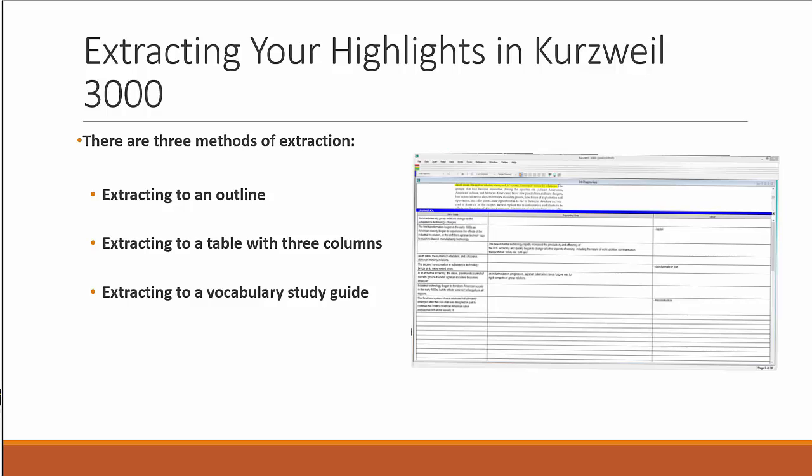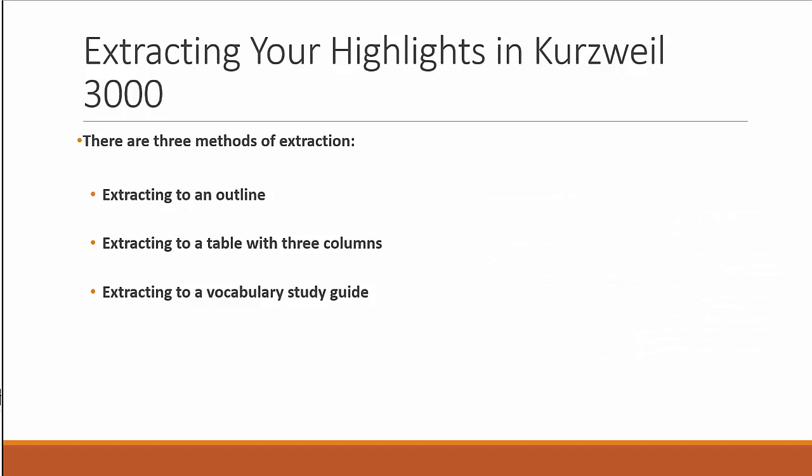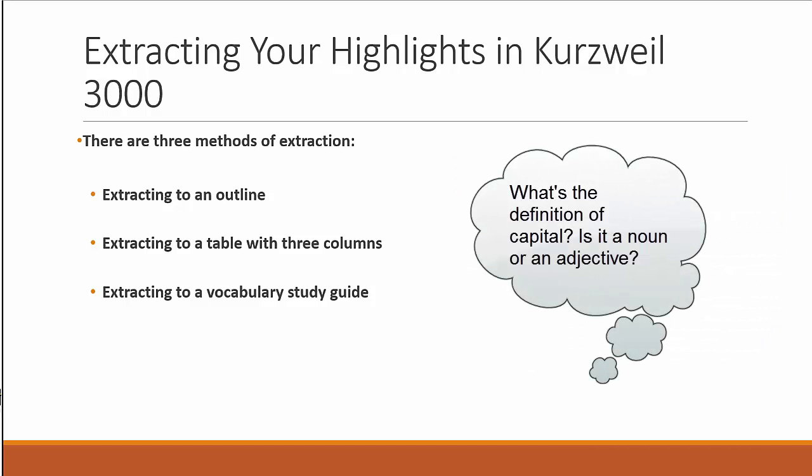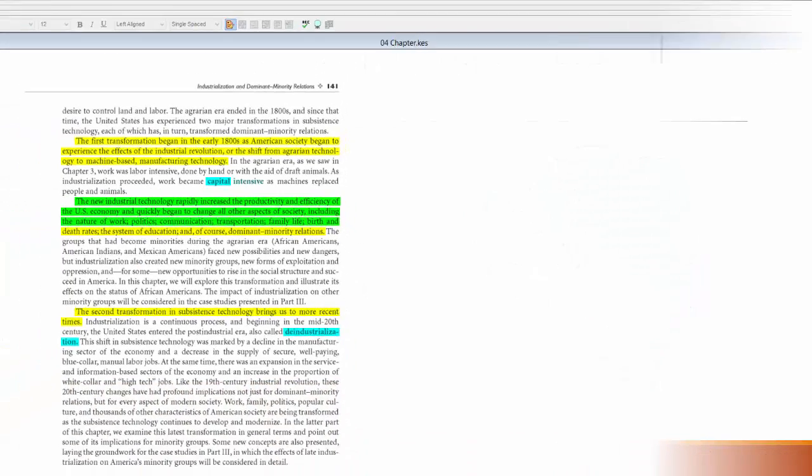This method may work very well if you want to organize information into a table. Perhaps you want to organize information about characters in a novel, such as all of their actions and their quotations. Finally, you can extract key vocabulary from your text and form a vocabulary study guide.